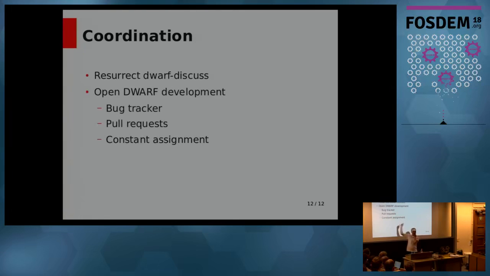Remember way back I was talking about tuples and tuple structs and how I'd like some kind of new tag, like DW_TAG_tuple_type or something like that. Well, DWARF, and Mark mentioned this in the last talk, has a vendor space. I could add a vendor tag, right? But what that means is I add a vendor tag to LLVM, and I add it to the Rust compiler, and I add it to GDB, and I add it to LLDB.